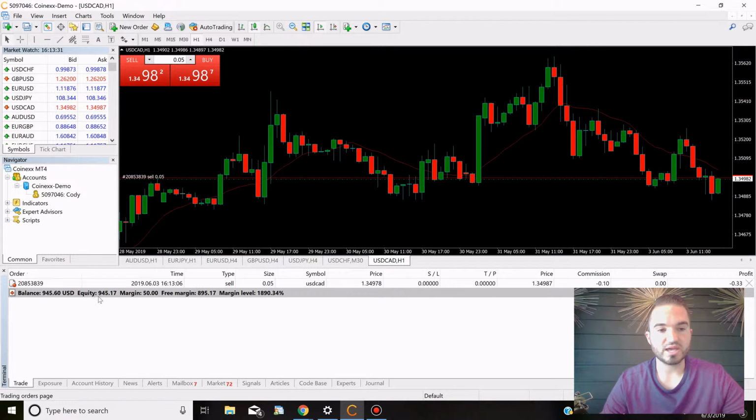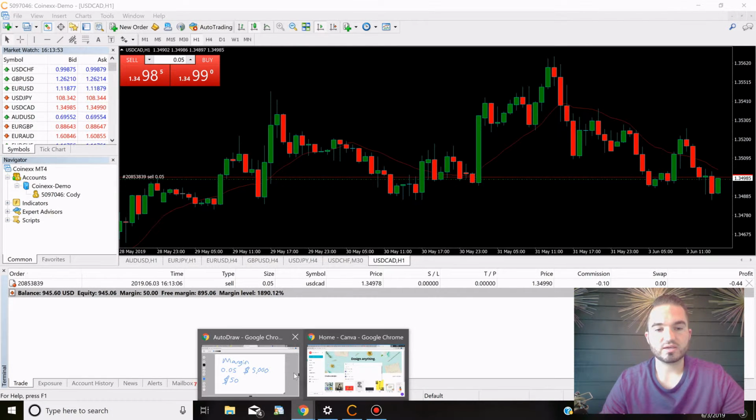But here, that shows my equity right now. So my balance is this, my equity is just the same because I just placed that trade. But that means my free margin, what I have left to trade with, is $895. So I can place trades, so that's pretty much $89,000 more worth of trades I can place.